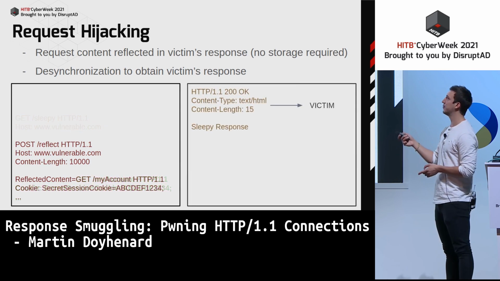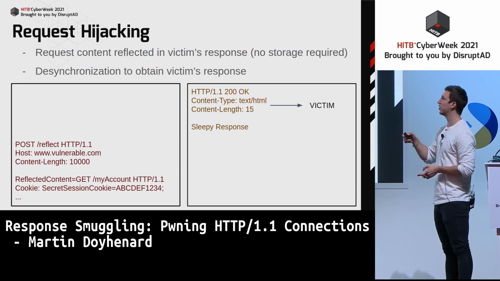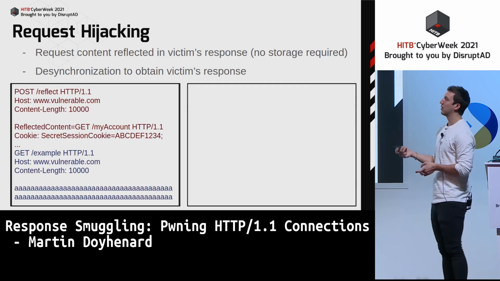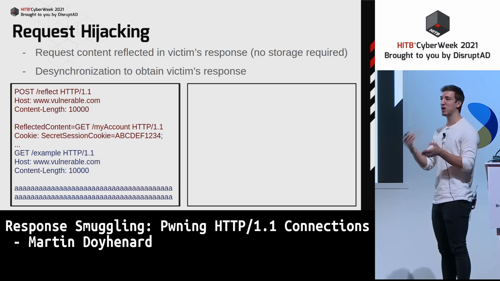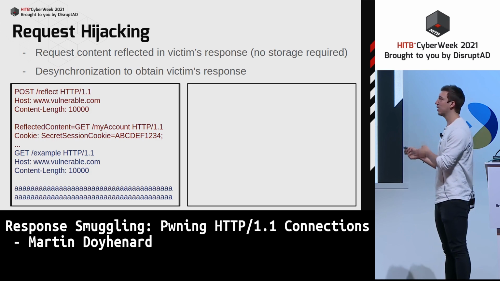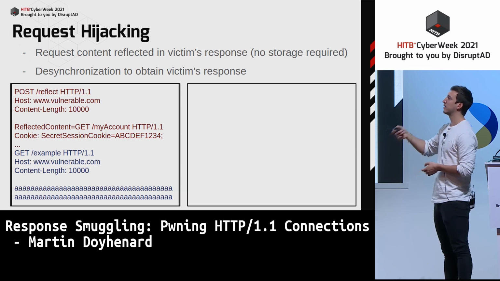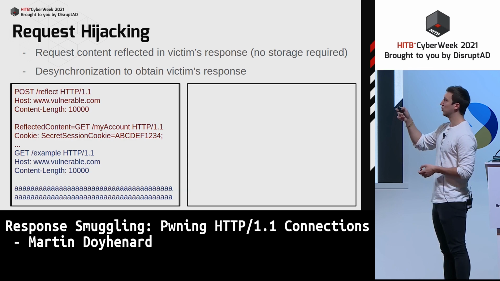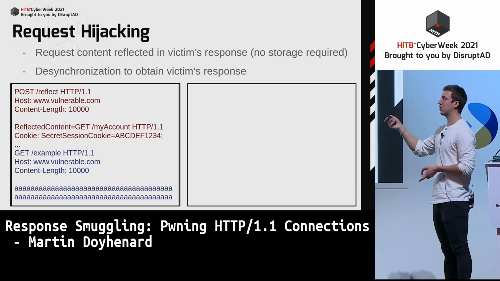And now the sleepy request creates a response. This will go back to the victim, as we already saw. But now the extra request that was injected in the backend will use the request that was issued by the victim to reflect its content.